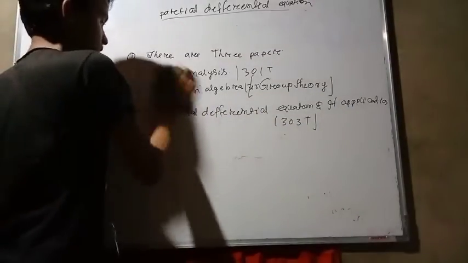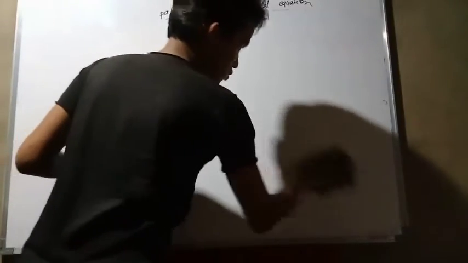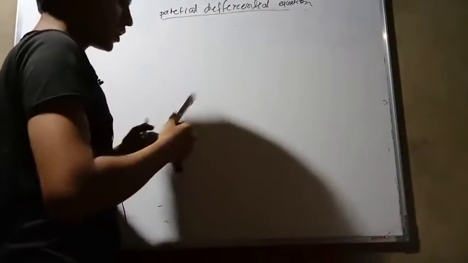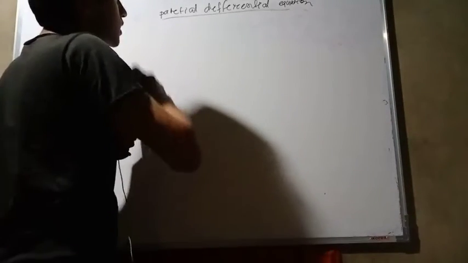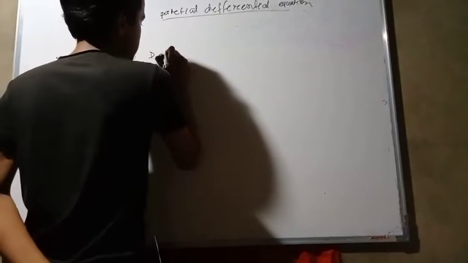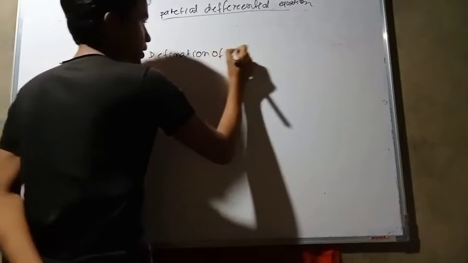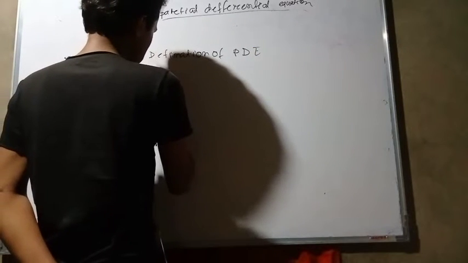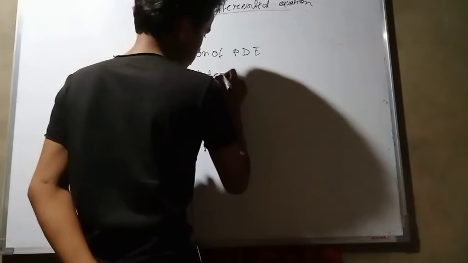I am erasing the board. First of all, what will we learn in this chapter, or what is the main concern of this chapter? First, we learn the definition of partial differential equation. Second, order and degree.